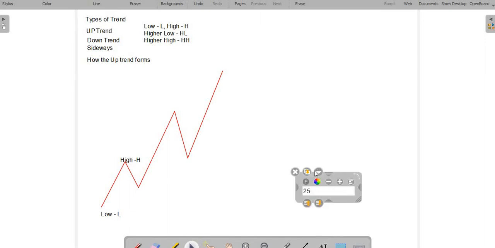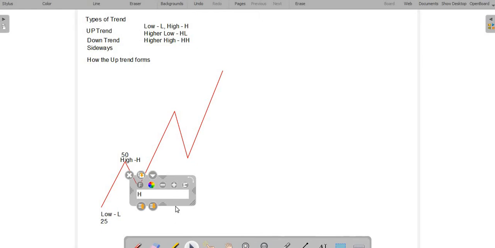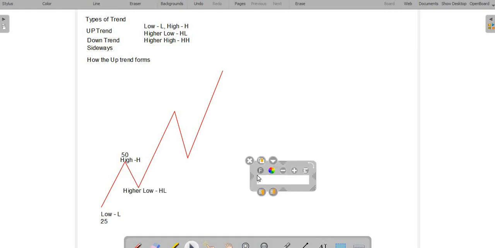I'll take 25 as the low, the starting point of the trend, and 50 as the high. The correction is the higher low, HL, which I'll put at 37.5.